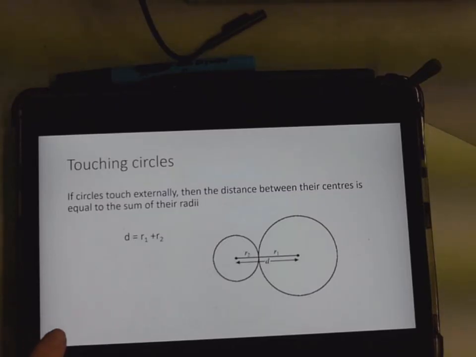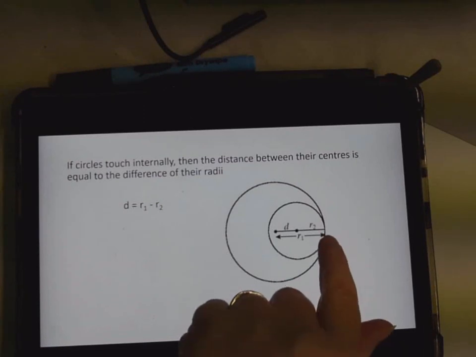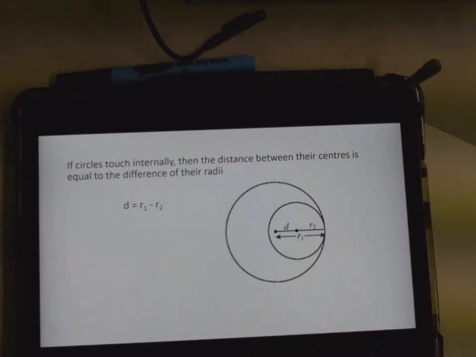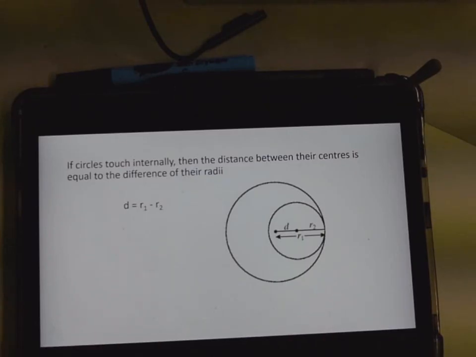Right, next slide. If they touch internally, as in one circle is inside the other, again they touch at one point only. Touch means they touch at one point only. Then you still get the distance, you get the centre and radius of both circles. You get the distance between the centres using the distance formula.